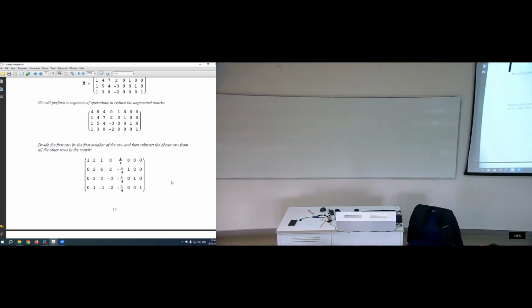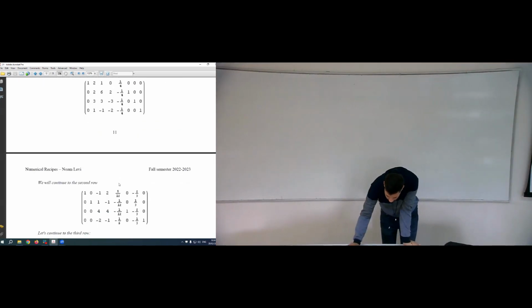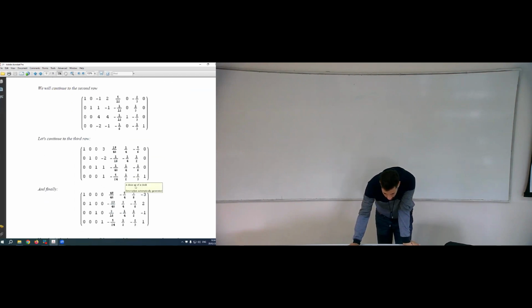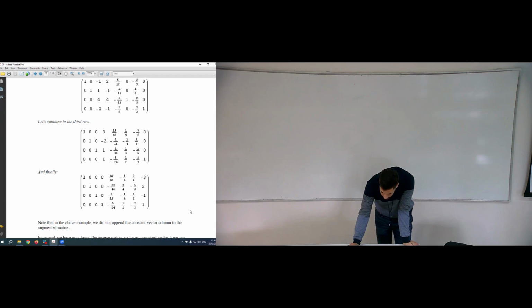And this row will be here now. I take minus 2 multiplied by this row after I divide it by 3. So this is an elimination that you know. And then we get our inverse matrix.